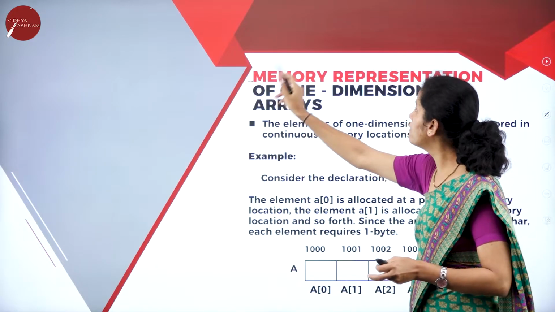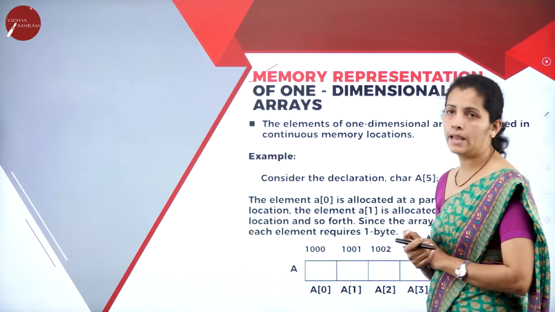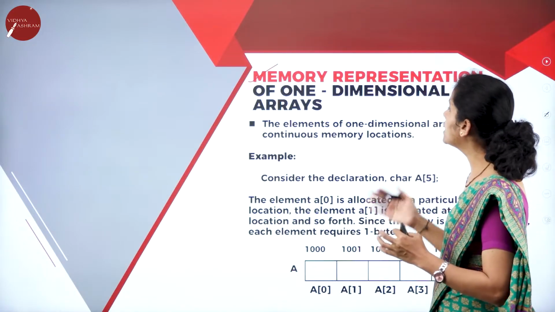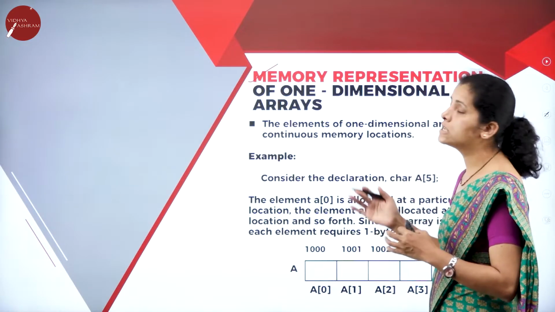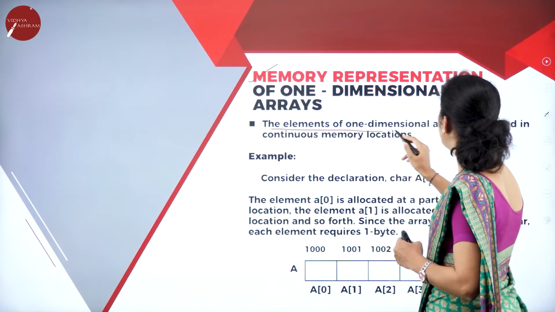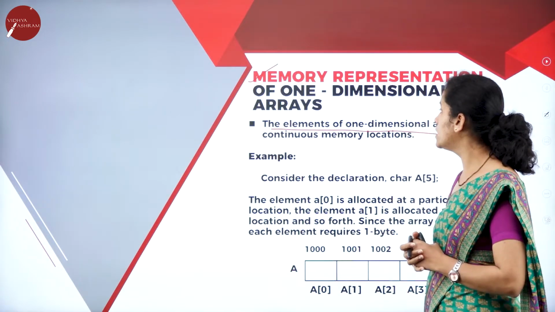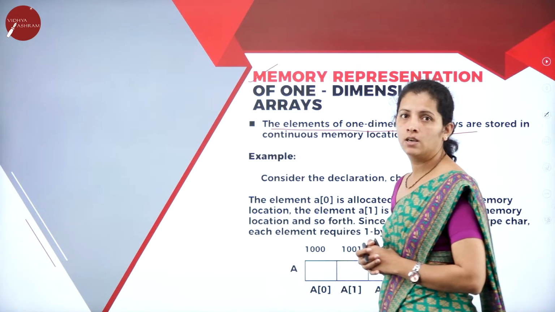Then I'm going to have the memory representation of a one-dimensional array. So how can I represent arrays in my memory? The elements of one-dimensional arrays are stored in continuous memory locations.